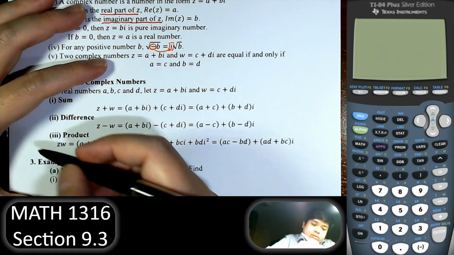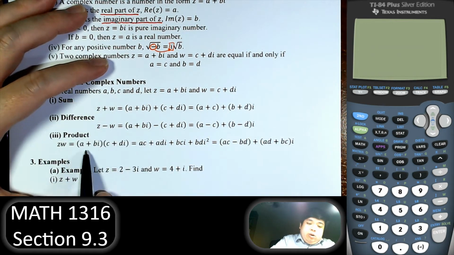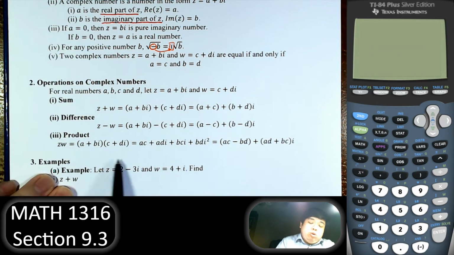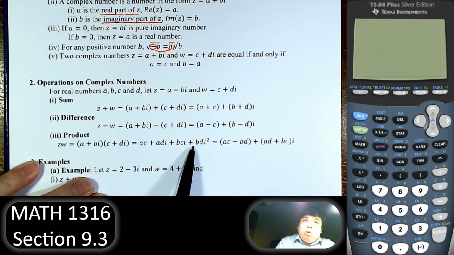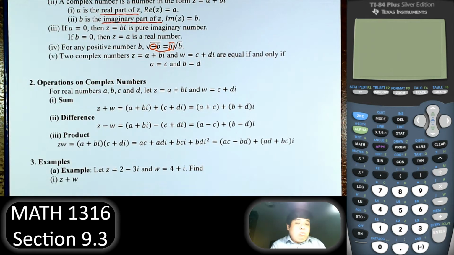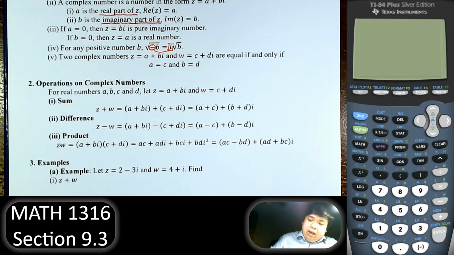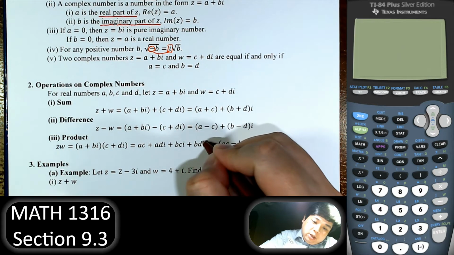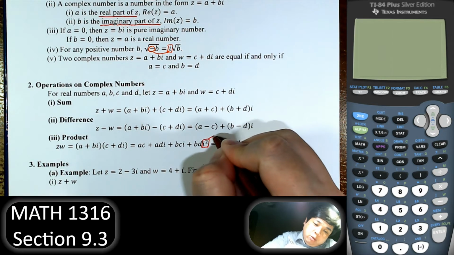Now the product. If a plus bi is a number and c plus di is another number, when we multiply them out, we just distribute and multiply, just like multiplying polynomials. That is exactly the same. The only thing different here is that, by definition, i squared is equal to -1.